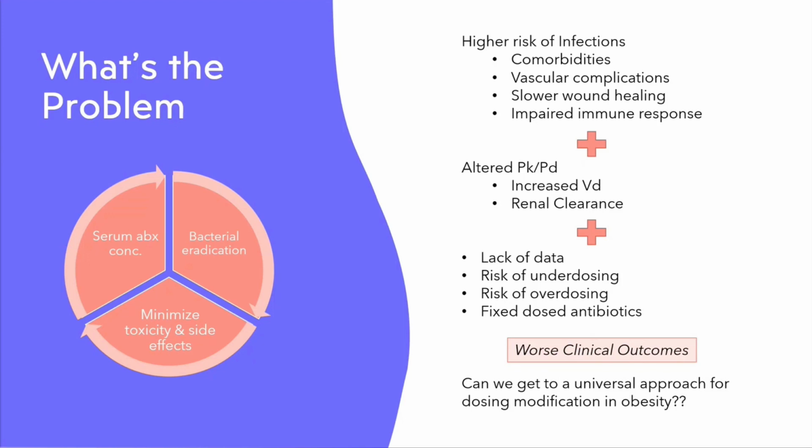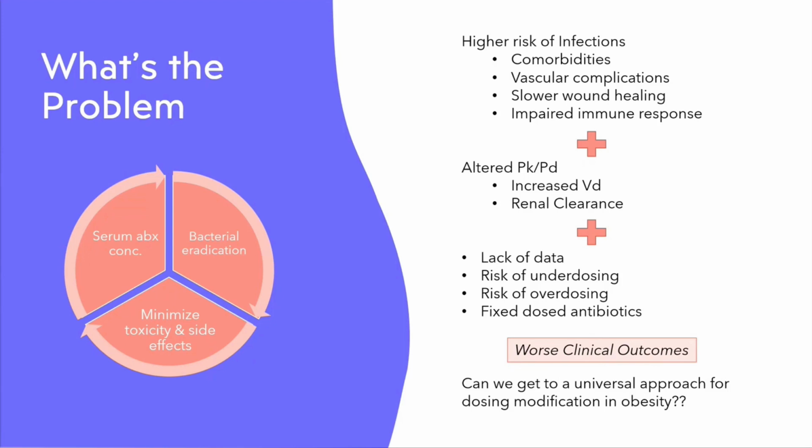The circle on the left there is really trying to find that balance of managing these patients with infections, finding the right serum antimicrobial concentration, while obviously trying to minimize toxicity and side effects. Interestingly, the Food and Drug Administration, the FDA, does not require pharmaceutical manufacturers to evaluate dosing recommendations in obesity prior to approval.